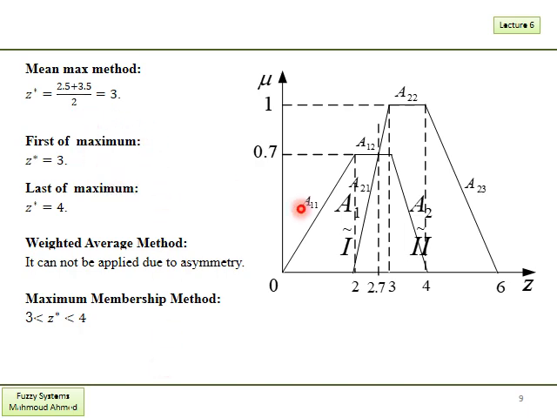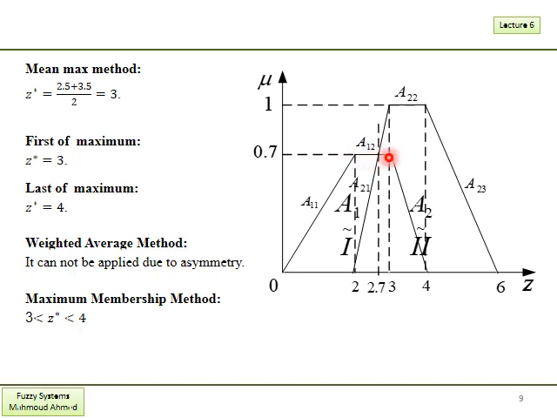The mean max method is simply got by taking the mean value of the maximum.